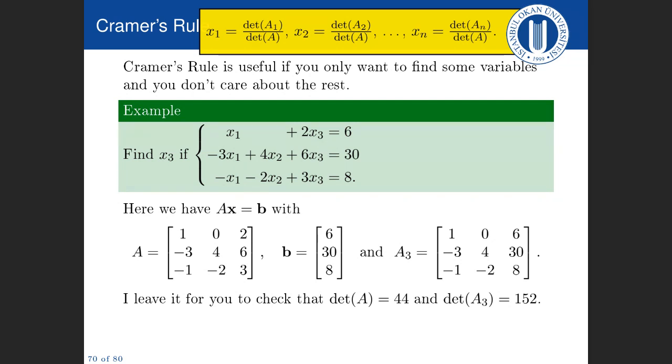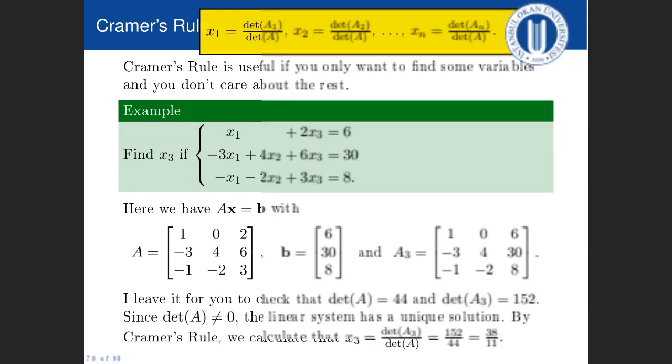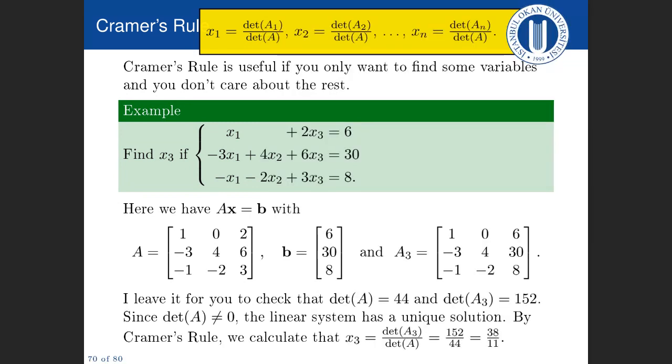I'm going to leave it for you to check that the determinant of A is 44 and the determinant of A3 is 152. By Cramer's rule, because the determinant of A is not 0, the linear system has a unique solution, and x3 is the determinant of A3 divided by the determinant of A. 152 divided by 44.